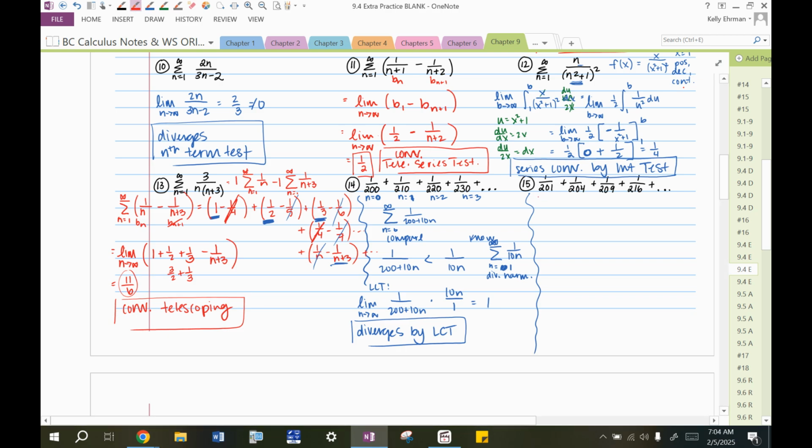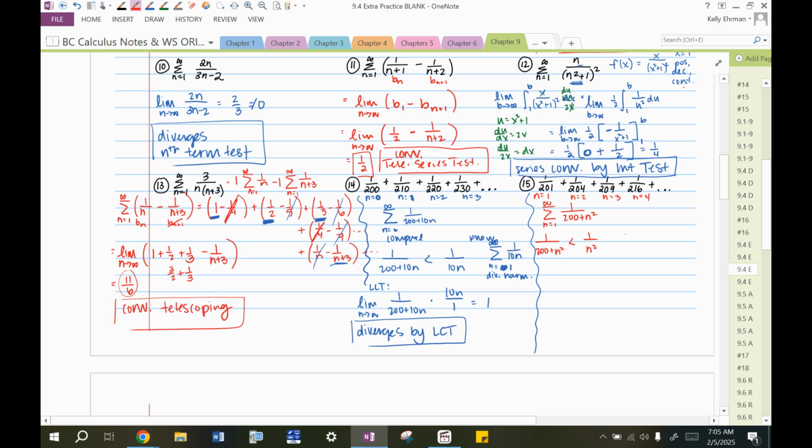All right, what is this one? So I'm going to say it's starting at 1 again. N is 1, 2, 3, 4, because it looks like this one is the sum from n equals 1 to infinity of 1 over 200 plus n squared. Okay, so I'm going to compare this to 1 over n squared.